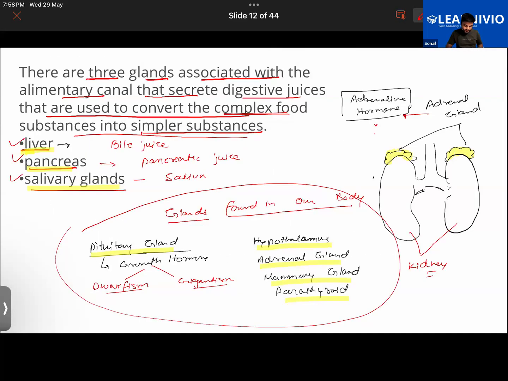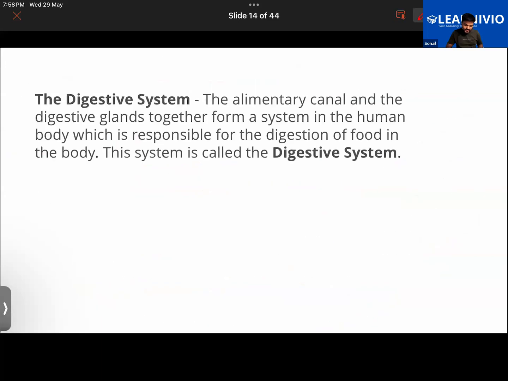Furthermore, let us learn where digestion starts in your body. We have learned this earlier, but for those who were not present, let me repeat. In the digestive system of our body, there is the alimentary canal and digestive glands.